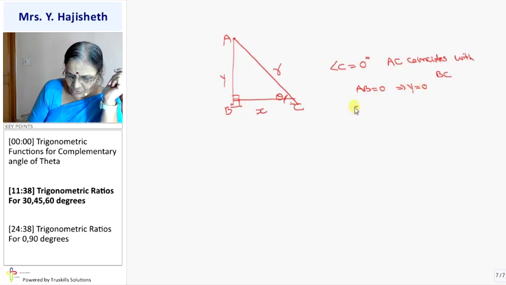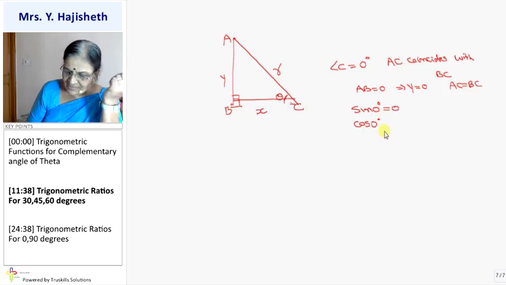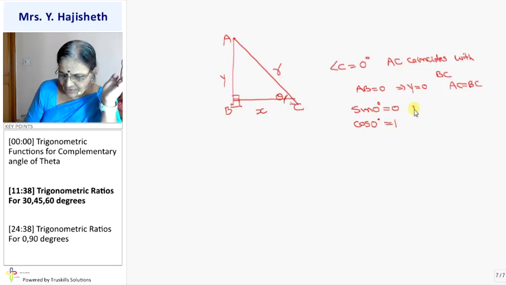So when Y is 0, so my sin 0 is Y by R, so it is 0. And my AC is equal to BC. So my cos 0 will be BC by AC, but BC and AC are same, so 1. Clear? When sin 0 is 0, cos 0 is 1, my tan 0 is sin upon cos. So it is 0. Right?